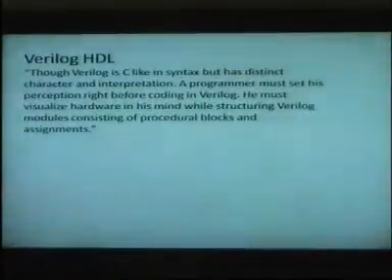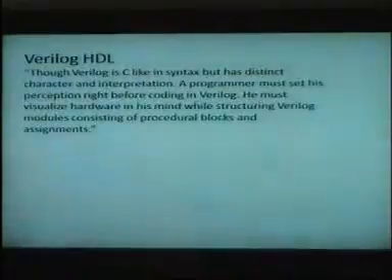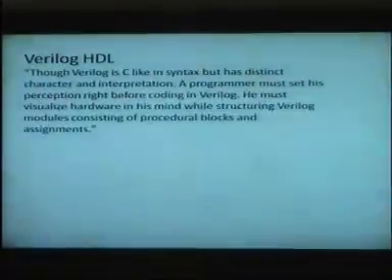So Verilog, as it says, is a C-like language, but one problem which I see even in professionals, once they are programming in Verilog, they get carried away and take Verilog as a programming language, not a hardware description language. It's a very common problem I have seen, because it's powerful.